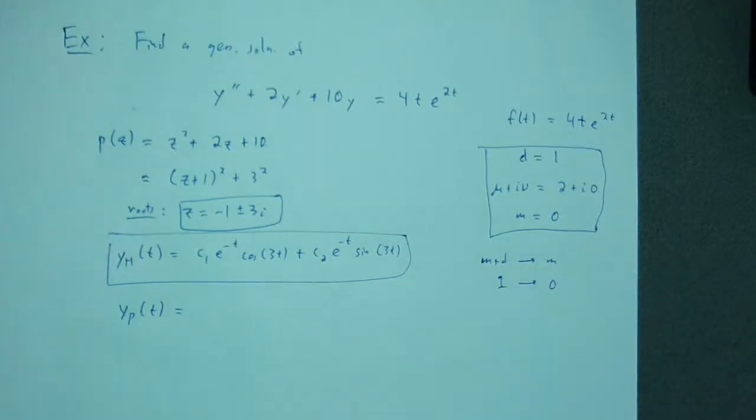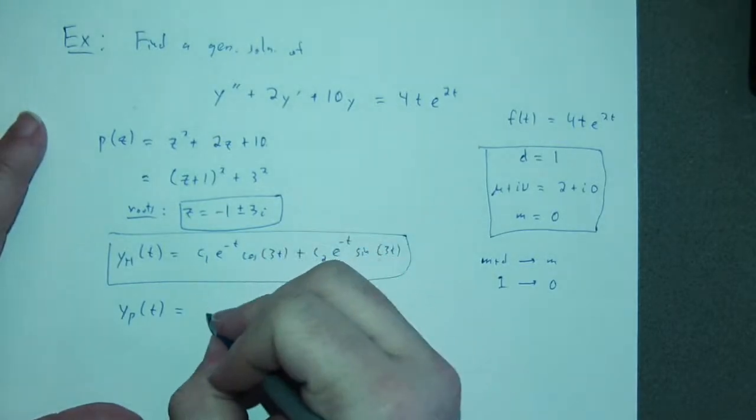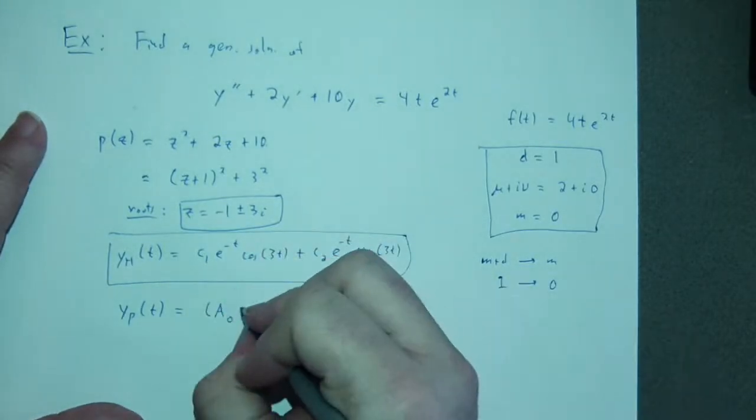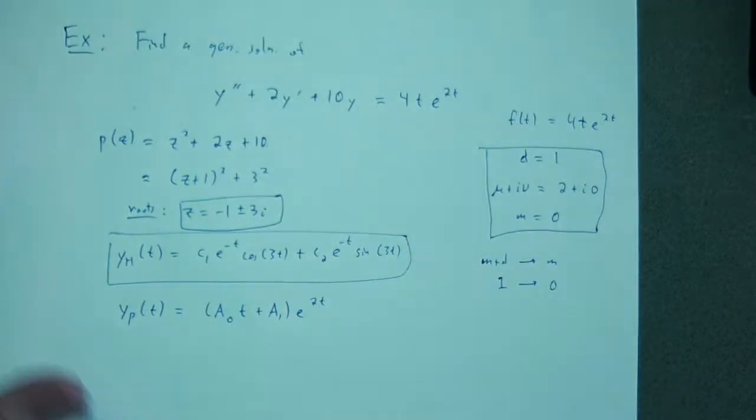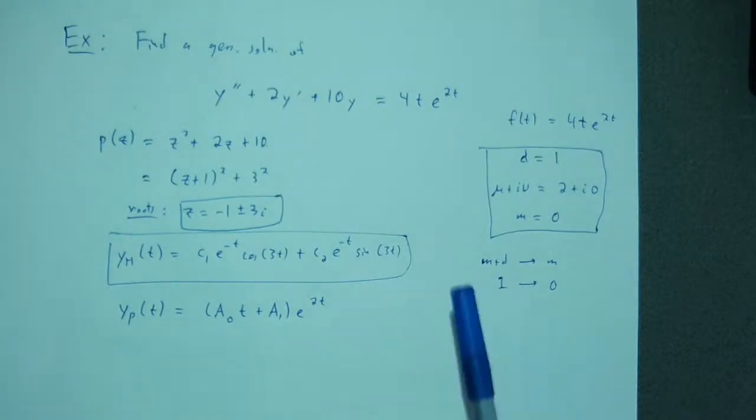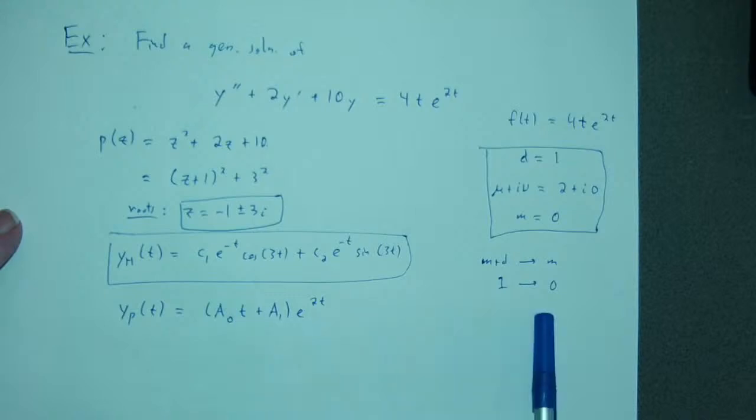So they count down from t to the first to t to the 0, the constant term. So the particular solution looks like a naught t plus a1 times e to the 2t. Again, it counts down from the t term to the t to the 0 term.